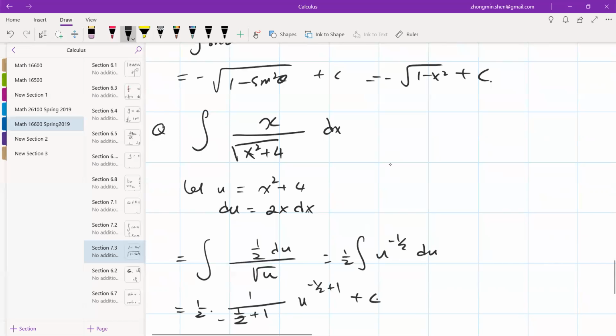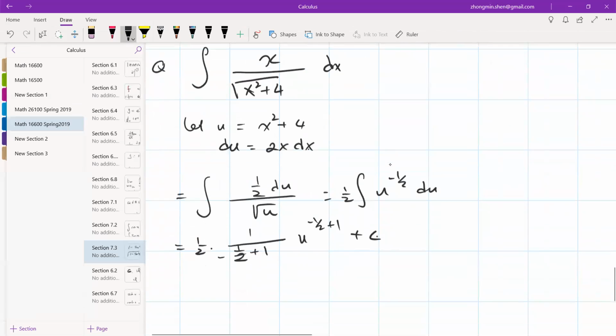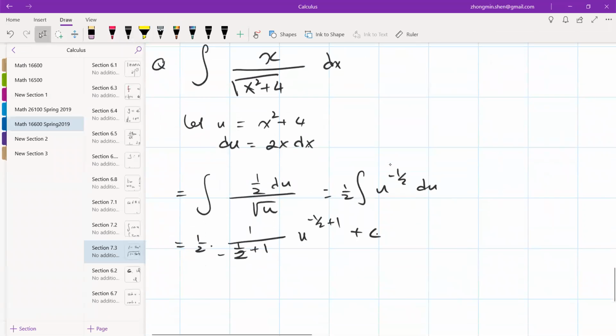Then you simplify it, and you just get u to the 1/2 plus constant, and then you replace u by x squared plus 4. Okay, so this is the answer.